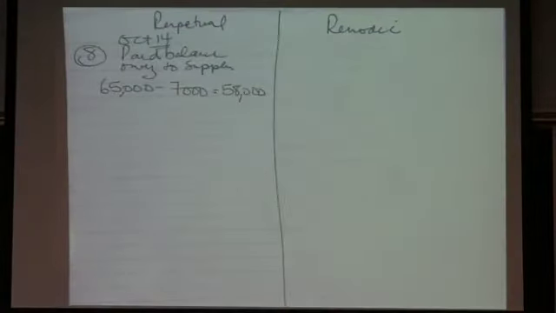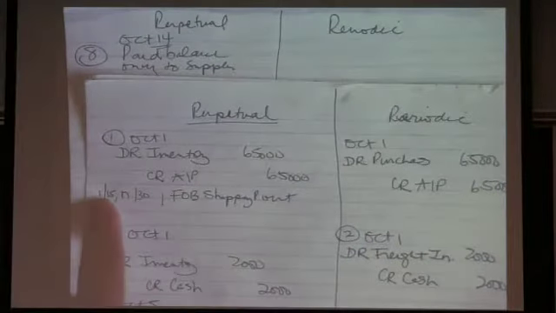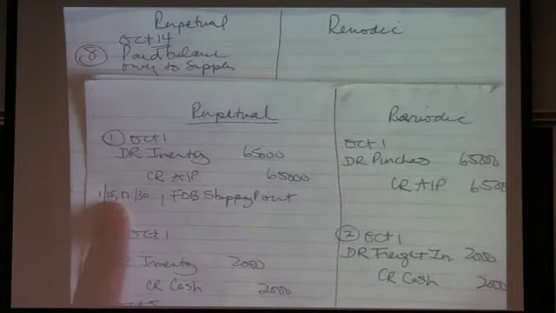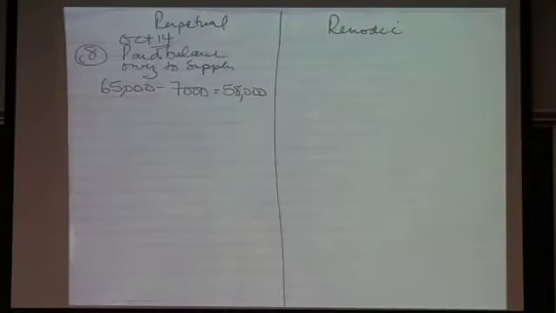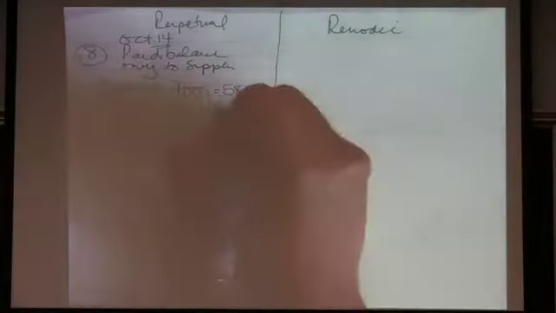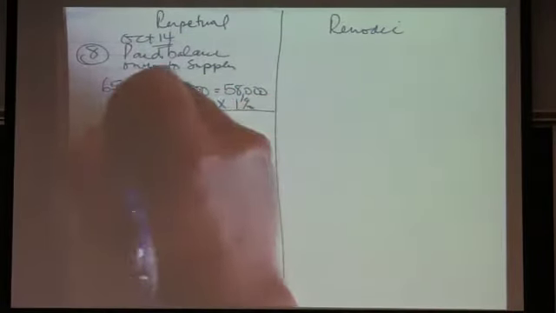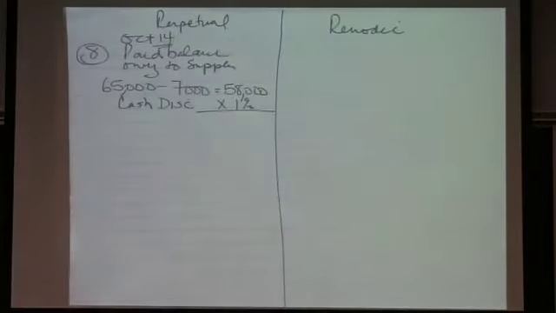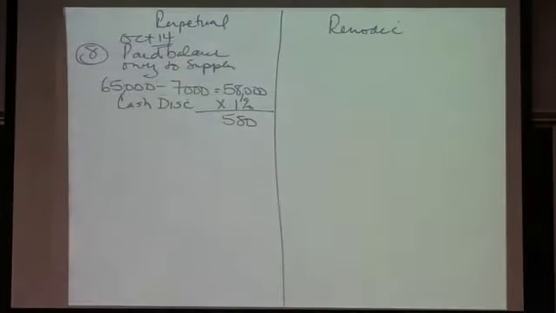If you remember, this was the invoice on October 1st, and they were giving us 15 days, and we get a 1% discount. Because this happens on the 14th, which is less than 15 days, we qualify for the discount. So we're going to calculate the 1% discount. This is called cash discount or early payment discount. And that gives us $580.